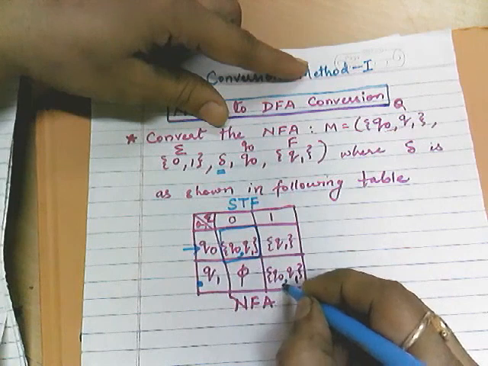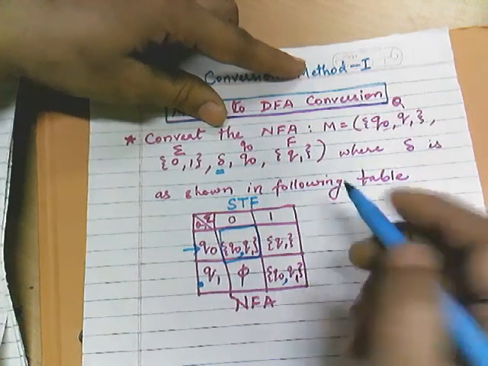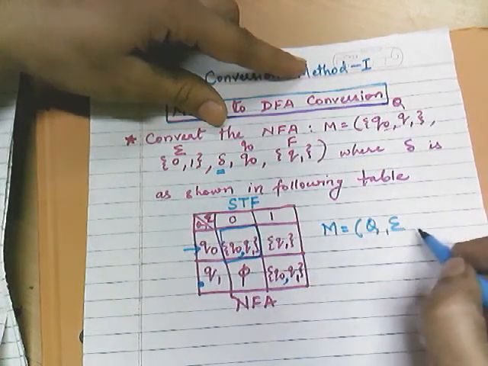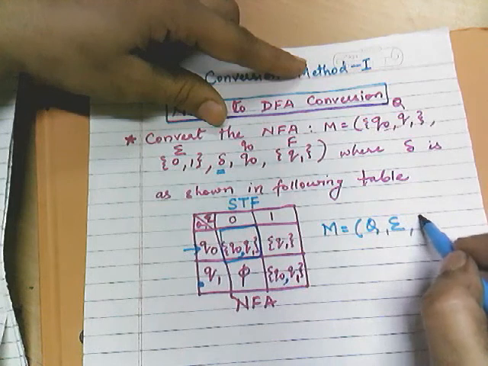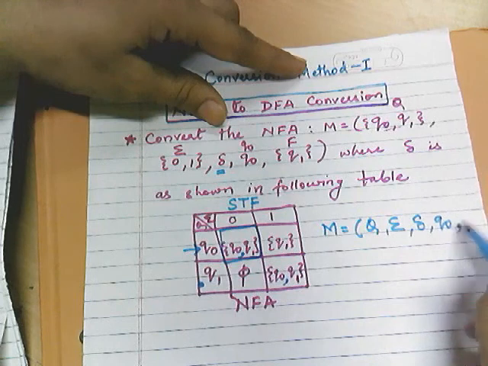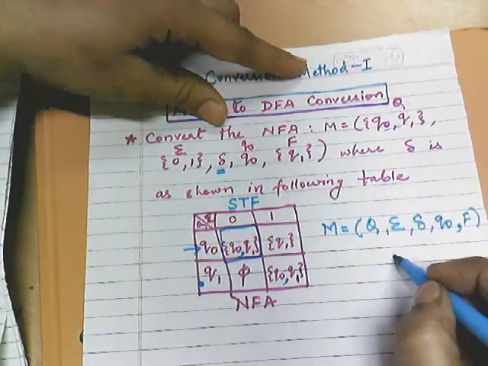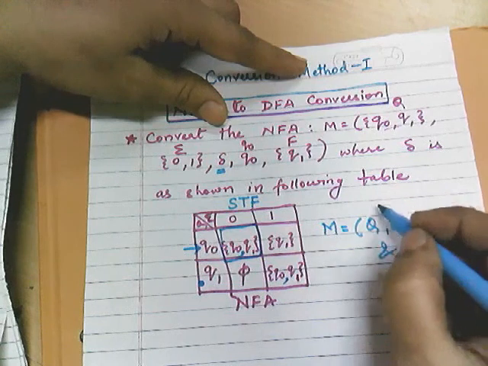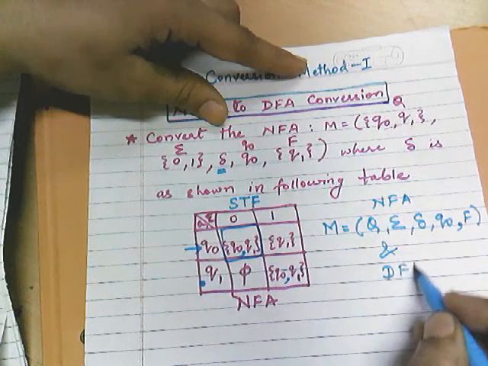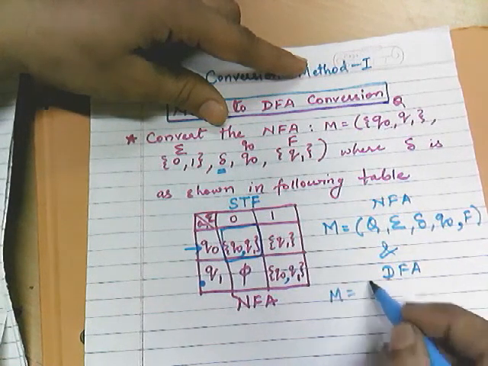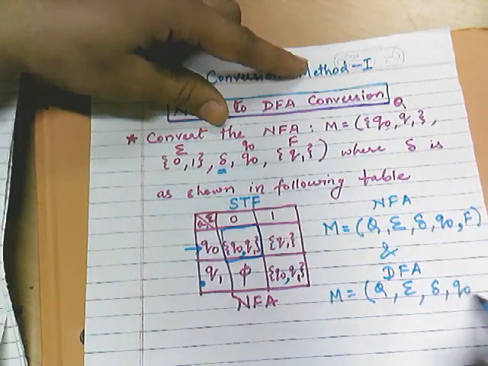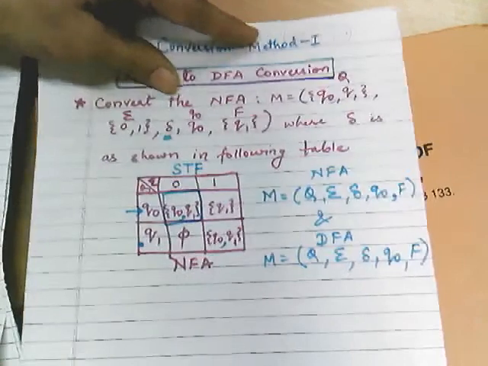Now we want to convert this NFA to DFA. Now as we know, an NFA is also represented by Q, summation that is alphabet, delta, Q0 and F, and the DFA is also represented by the same 5 tuples: Q, summation, delta, Q0 and F, okay.